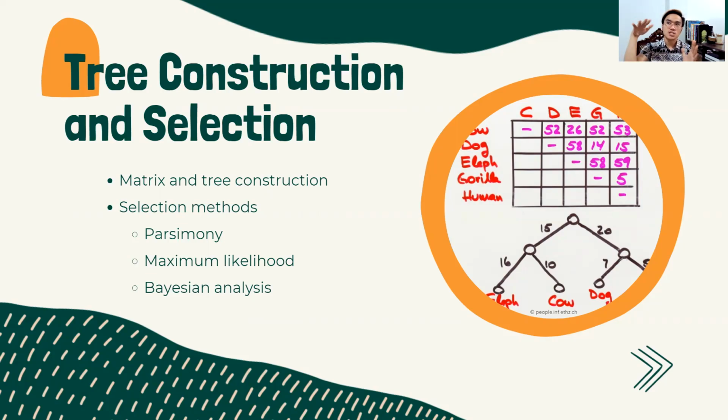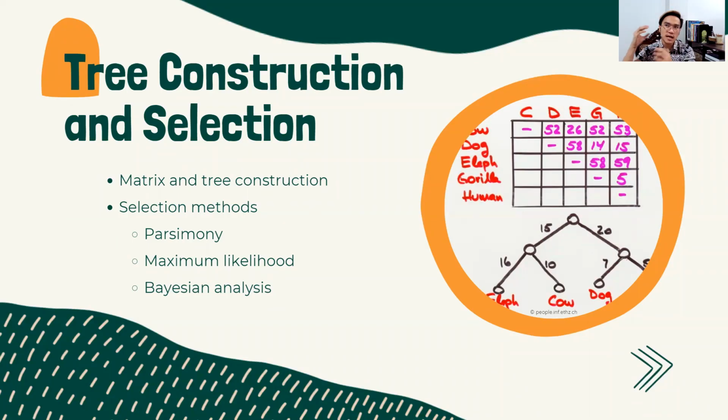Based on that matrix, we now group together those taxa or those OTUs that have more similarities in terms of character states than the others.